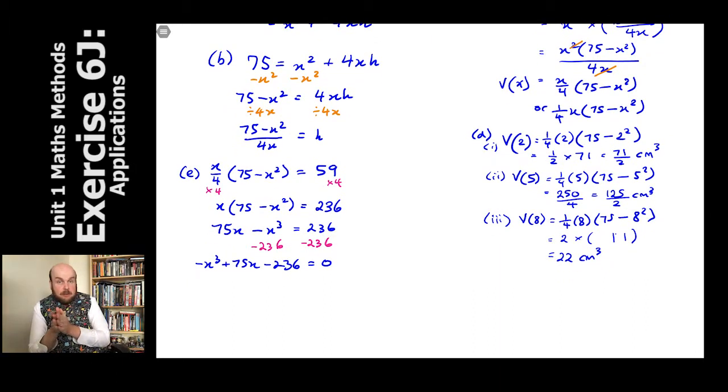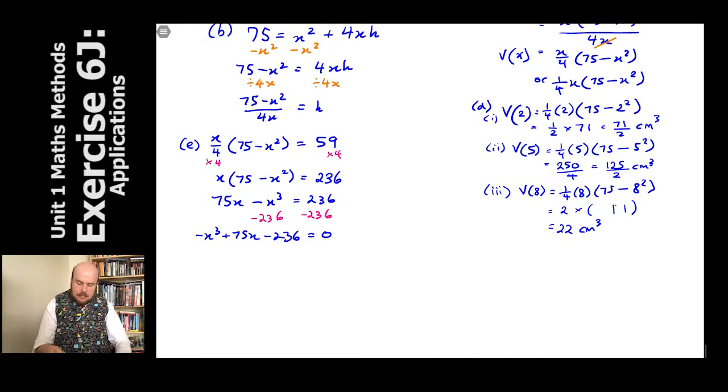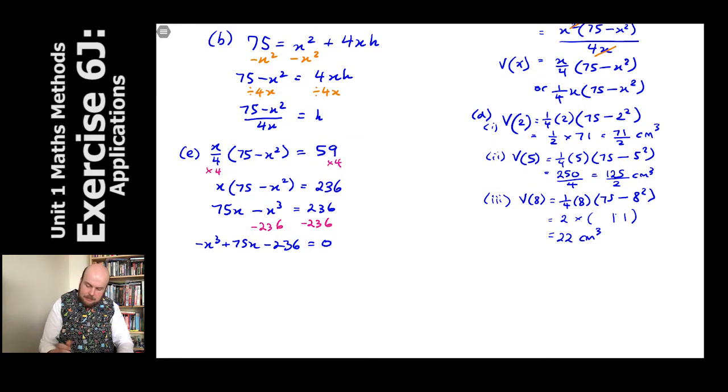Now, I've been told that when x is equal to 4, then this cubic will definitely be equal to 59, and that will work. So therefore, I can say that in this version x minus 4 is a factor, because we know that 4 fits in very nicely. So what I'm going to do is divide.